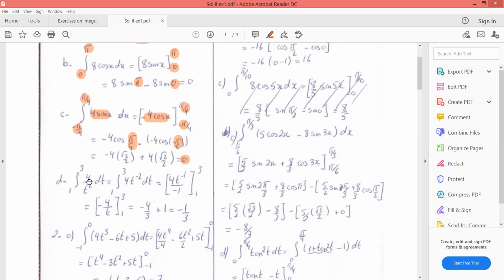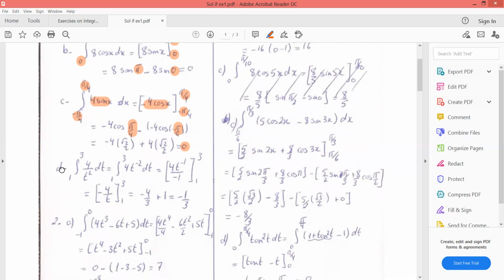Okay. Part D. This method is better, but I am just saying you can do it, not that you have to do it. Now t squared is in the denominator, we move it up and it becomes t power minus 2.